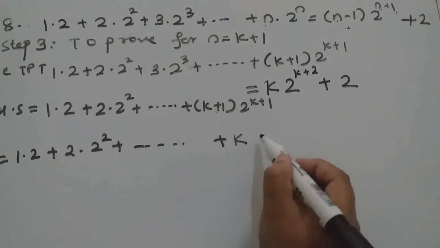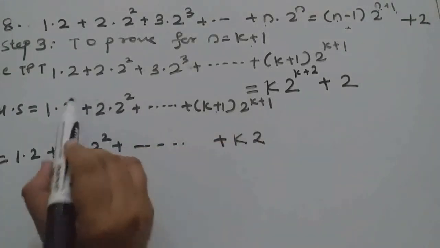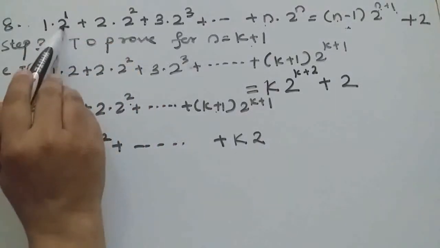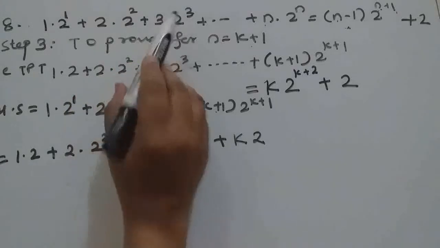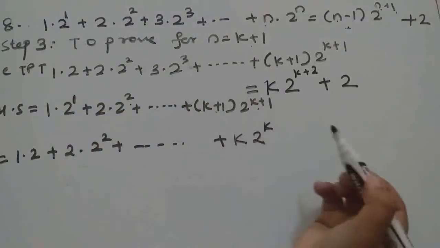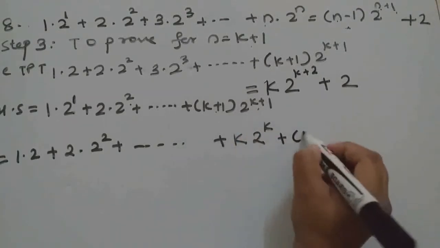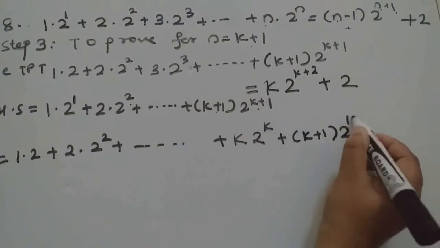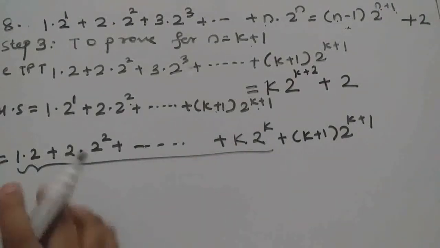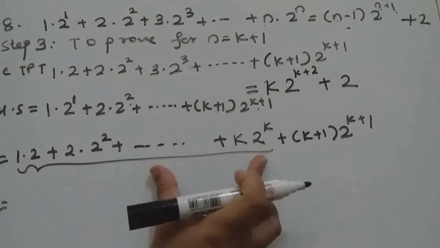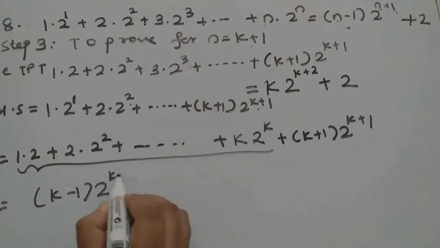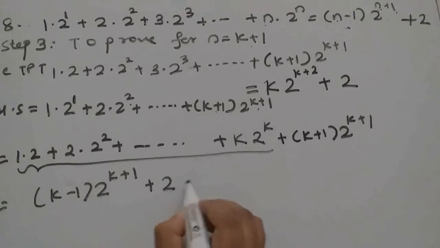That will be the previous term. And in the power also, 1 difference is there. 1, 2, 3. So from the power also you should subtract 1. So again k you will get. Then the last term, k plus 1, 2 power k plus 1. But from equation 1, we can write this expression is equal to k minus 1, 2 power k plus 1, plus 2. Isn't it?